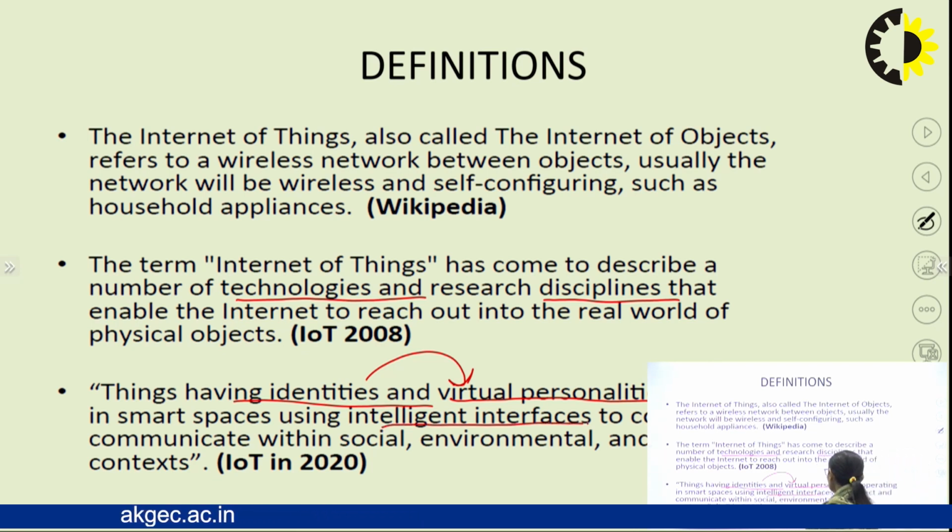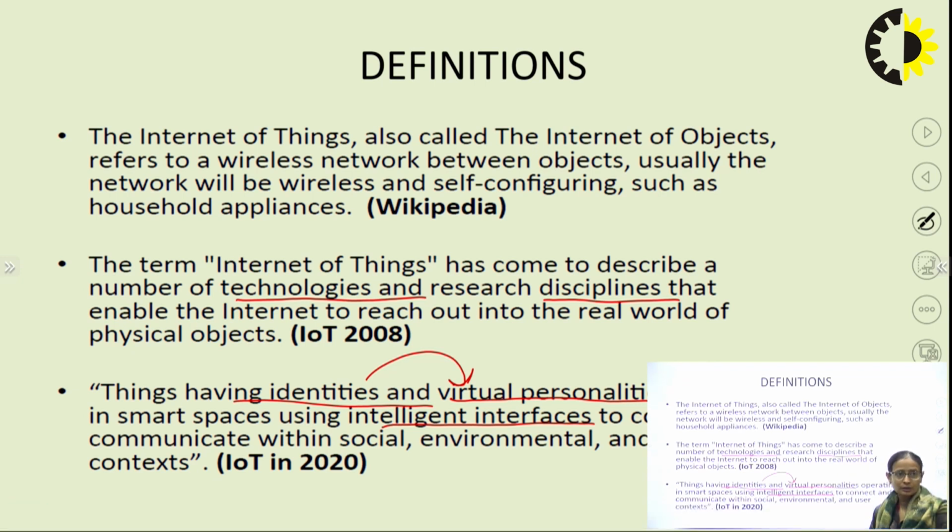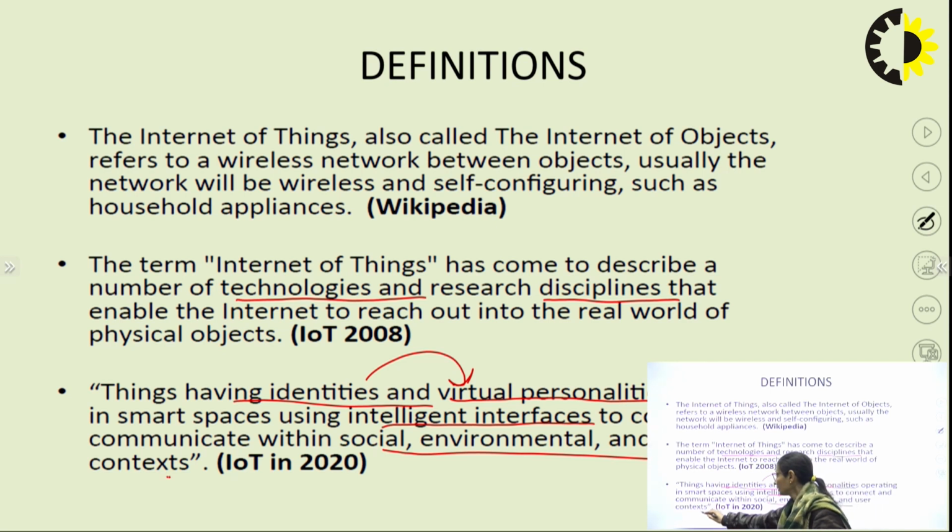Using intelligent interfaces to connect and communicate within social environment and user context. So now IoT is primarily focused on this context, and the research is more on how to make all these devices autonomous and how they can communicate with one another without human intervention.